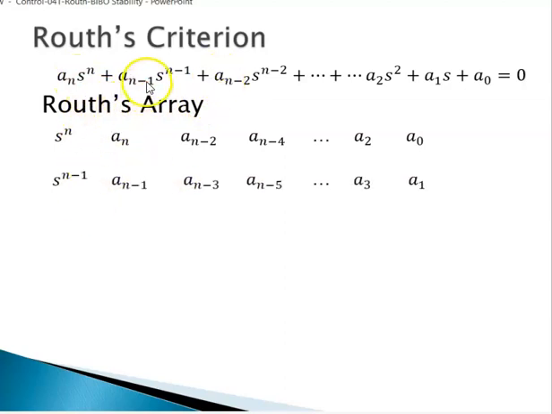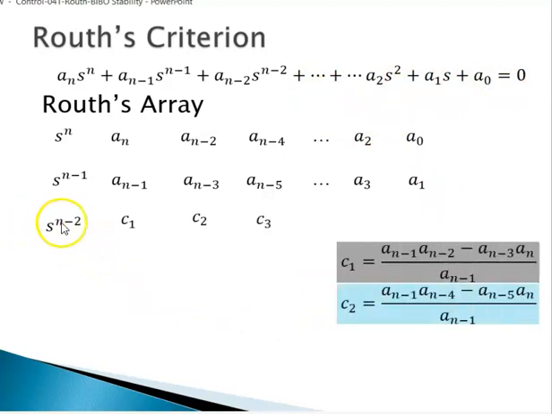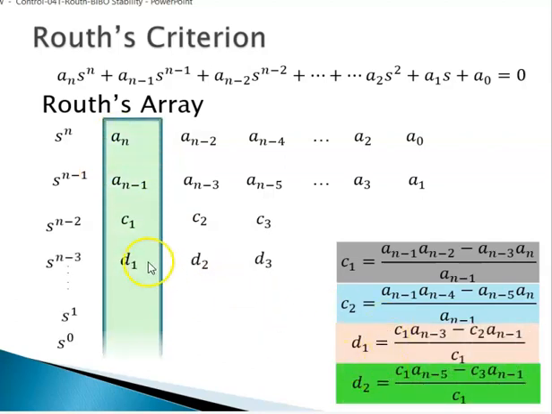Similarly, the next row is built from an minus 1, an minus 3, and so on up to a3, a1. In the subsequent row, c1, c2, c3 are computed from the previous two rows. This an minus 1 is the pivot. Then the formula is simple: cross up right product minus cross up left product, divided by the pivot element. Similarly, you find d1 and d2.